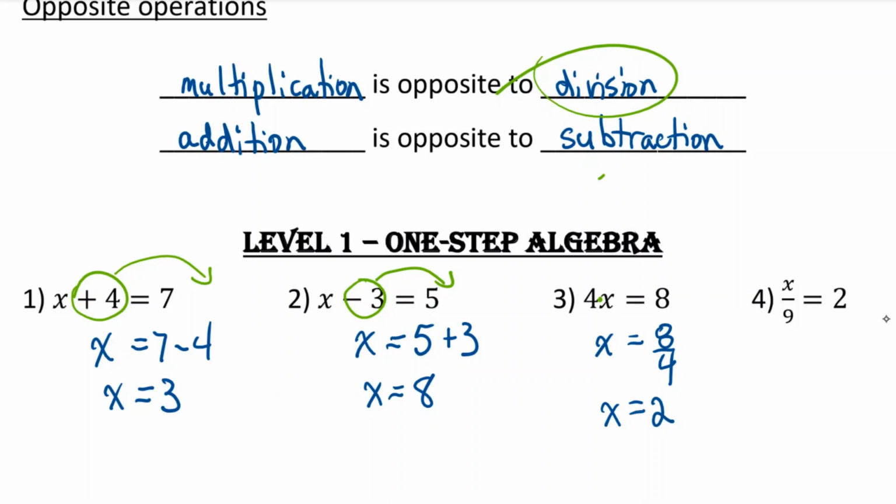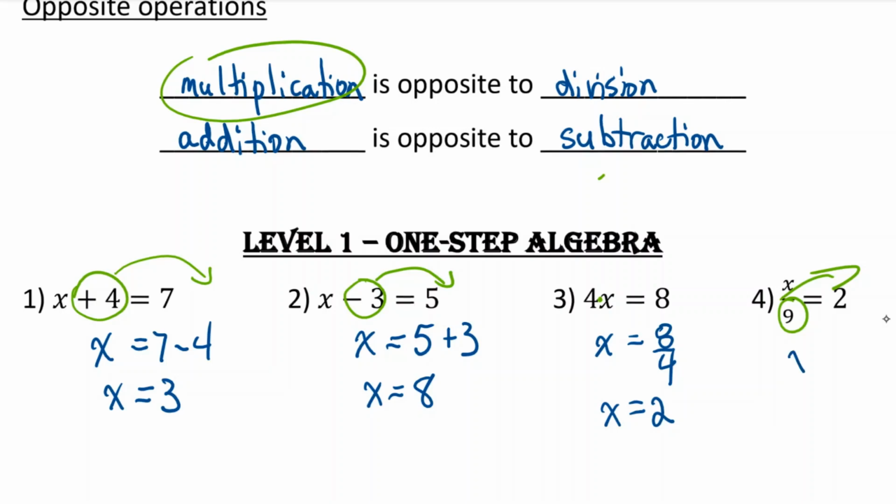Looking at this one, we've got this 9. We want to bring it to the other side. The opposite operation of division is multiplication. So we get x equals 2 times 9, giving us 18. So always keep this opposite operation thing in mind as we go.